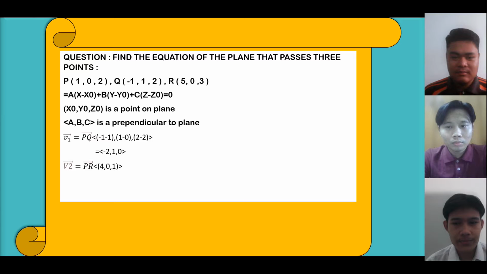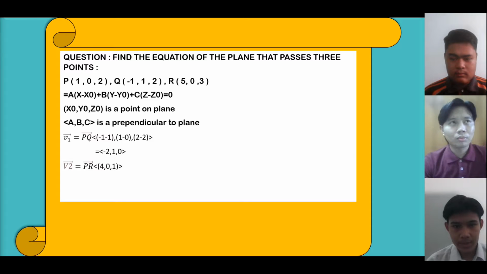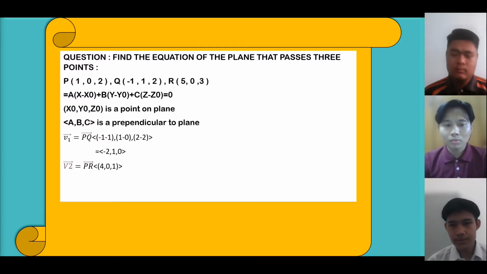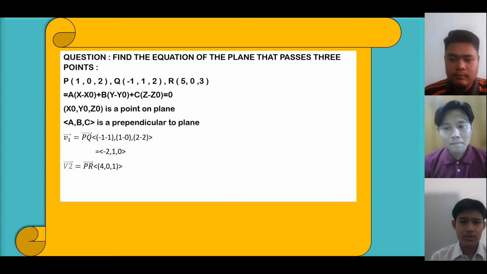So we get the coordinates: (-1 - 1), (1 - 0), and (2 - 2).